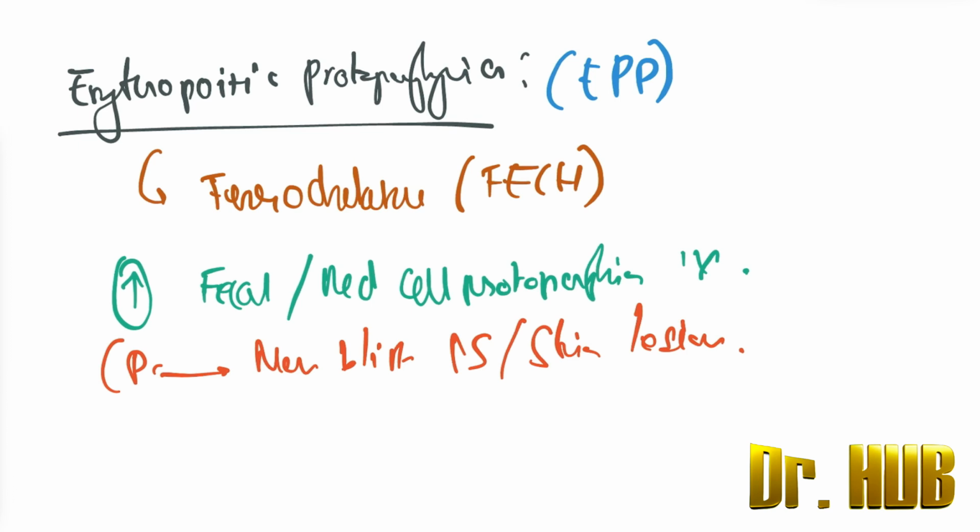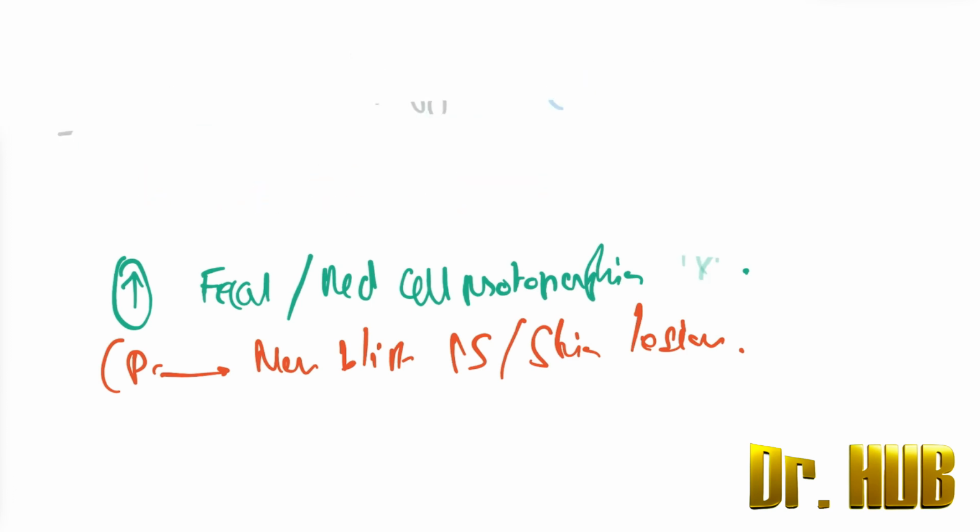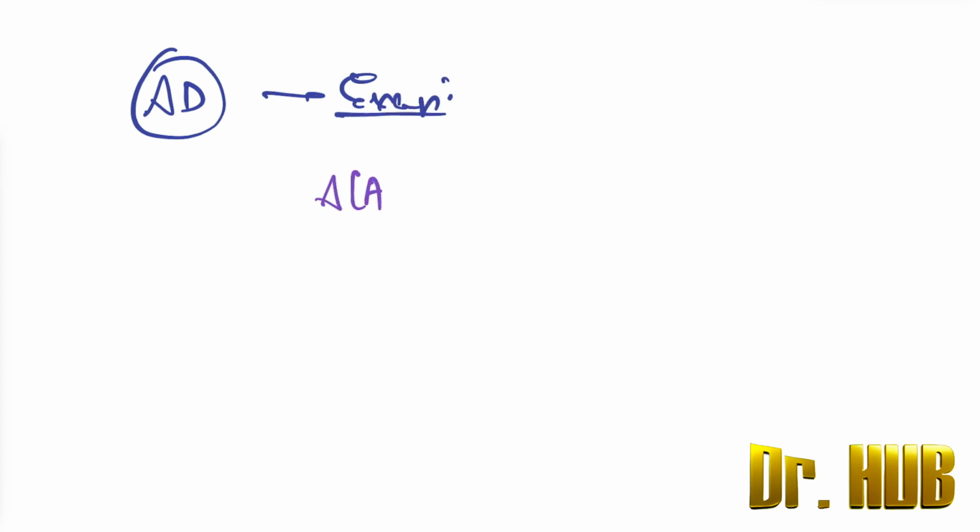Next, let's look at the inheritance of porphyrias. The majority are autosomal dominant, except there are some exceptions. The exceptions include ALAD enzyme deficiency porphyria.